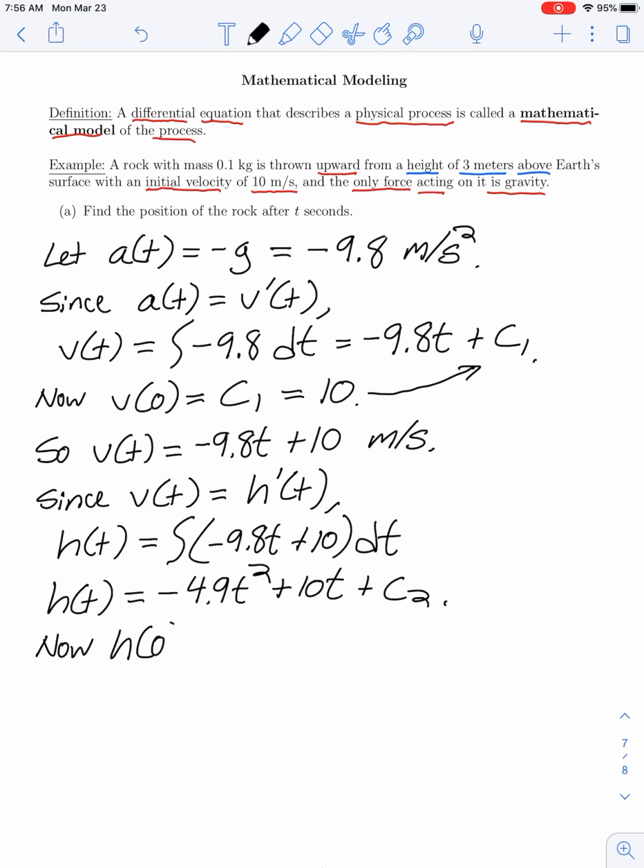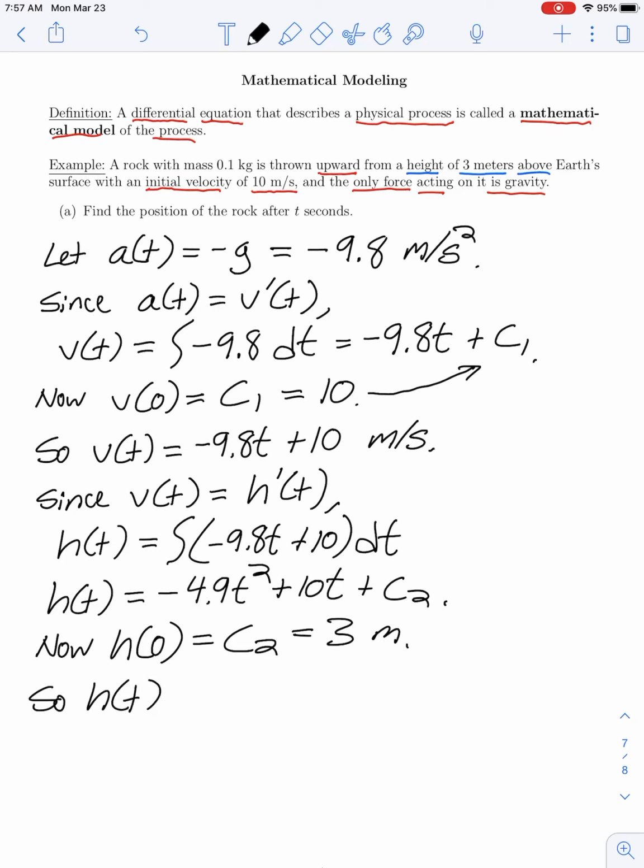So let's apply this initial condition. The height of our rock at time 0, that is the moment that it was thrown, is equal to 3. And if we plug in 0 for t in the general form that we found for our height function, we're just left with c2, which we know has to be 3 meters.